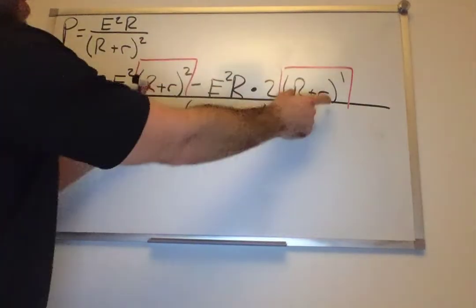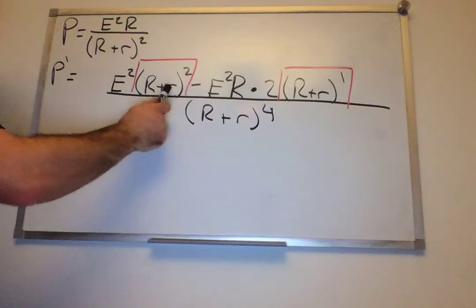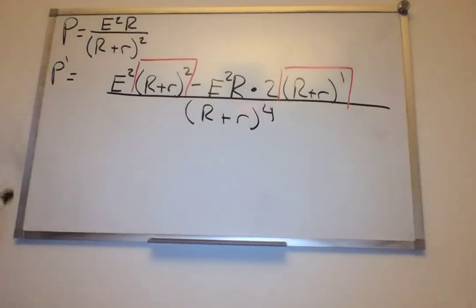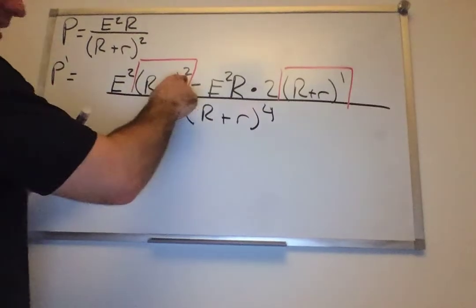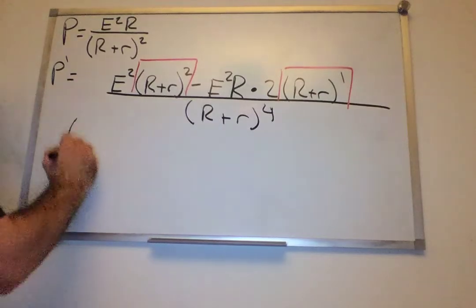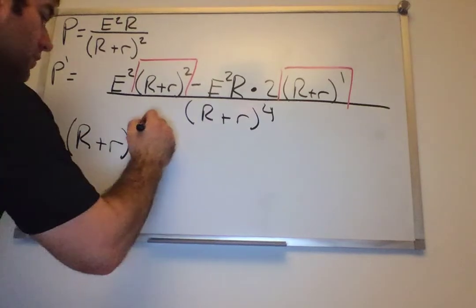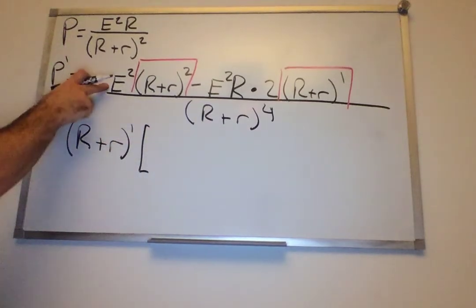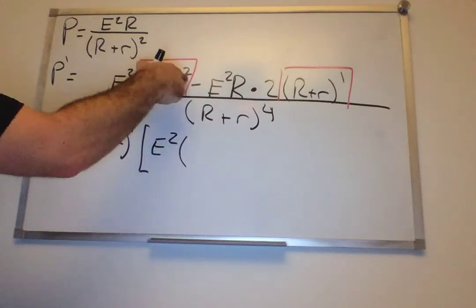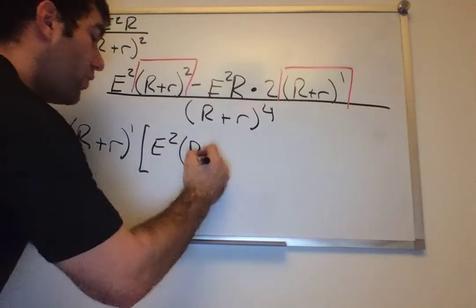Each term has a common factor of big R plus little r. So what I'm going to do is, this is to the second power, this is the first power. I'm going to factor out a big R plus little r to the first power. And let's see what's left over. E squared times, well, I only took one of these big R plus little r's out, so there's one left over.